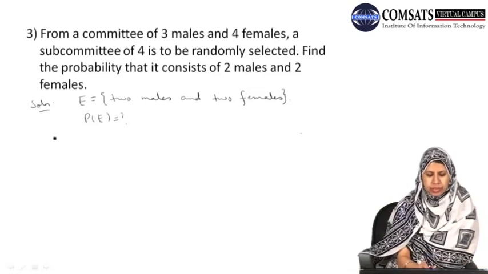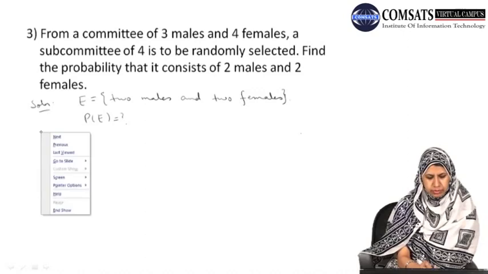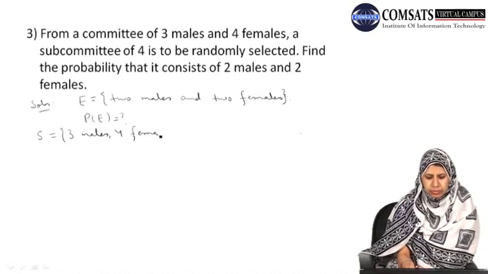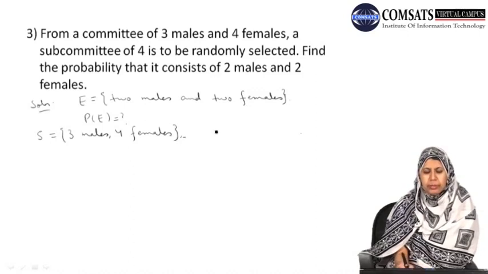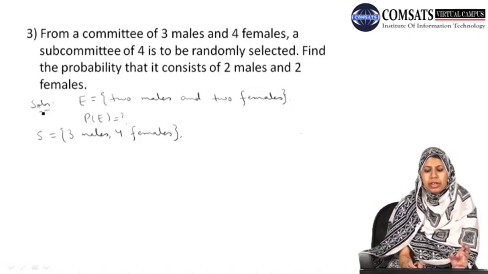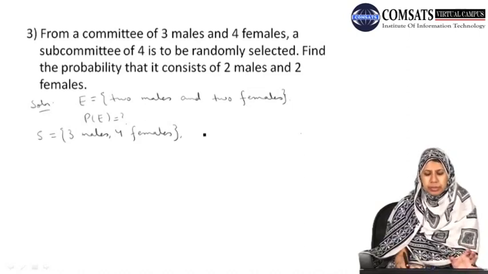What will be the size of our sample space? Our space S contains 3 males and 4 females. This is our main space, and we are asked to find a subcommittee from this main space.